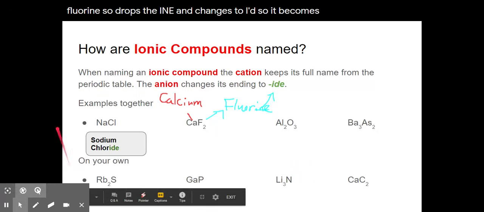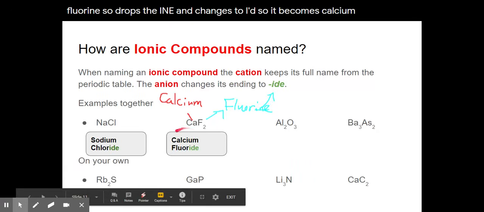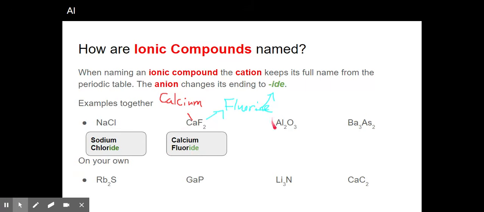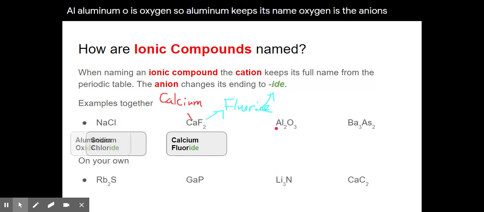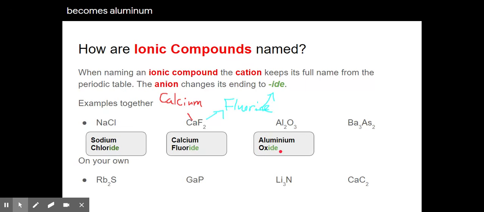So it becomes calcium fluoride. Okay. Al, aluminum. O is oxygen. So aluminum keeps its name. Oxygen is the anion, so it becomes aluminum oxide.